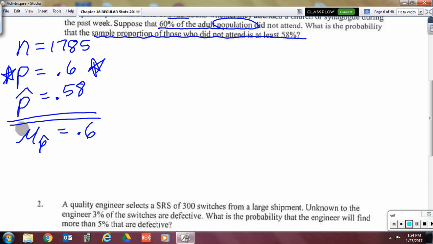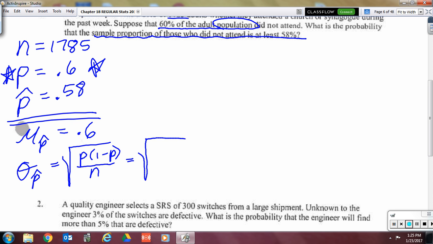And then the other thing that we write down is the standard deviation of the p hats, and that is this formula, square root of p times 1 minus p over n. Okay? So you want me to write the formula down there so you see where we get it from? P times 1 minus p over n, that's where this information is about to come from. So now let's fill in those numbers. Okay? So p is the value, what?